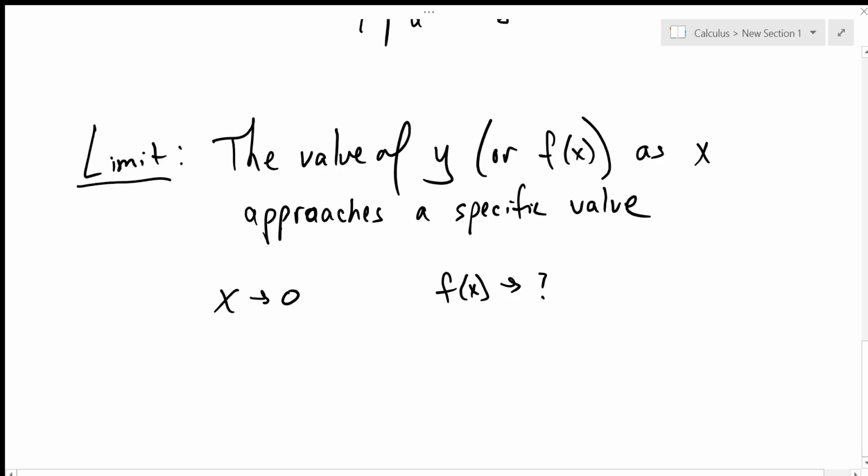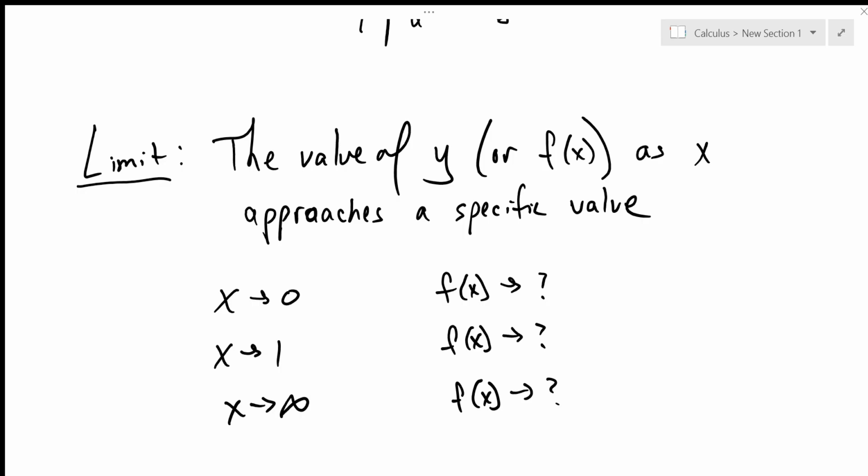That's what we're limiting to. What is the y value, the function value, approaching as x goes to 0? It doesn't have to be 0: as x goes to 1, what does the function value approach? As x goes to infinity, what does the function value approach? These are the ideas of the limit. What is happening to the y value, the function value, as x approaches a specific value.